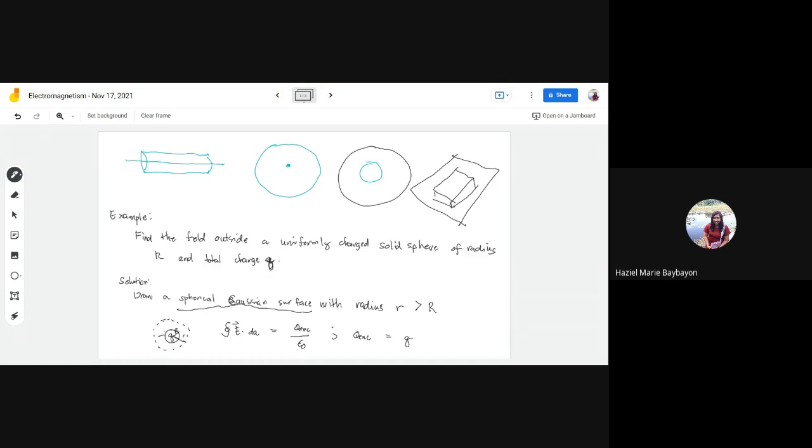Now take note that for this, the electric field, diri siya padulong, is emanating radially outward from the sphere.